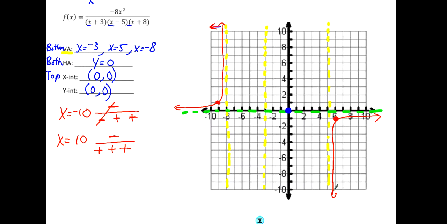Now, let's do this part here in the middle. Pick whatever point you want. So x equals -5. Plug -5 in the top. -5 squared is positive. Then a positive times a negative is negative on top. -5 plus 3 is negative. -5 minus 5 is negative. -5 plus 8 is positive. And the negative times the negative is positive, which means at -5, we're on the negative side here.